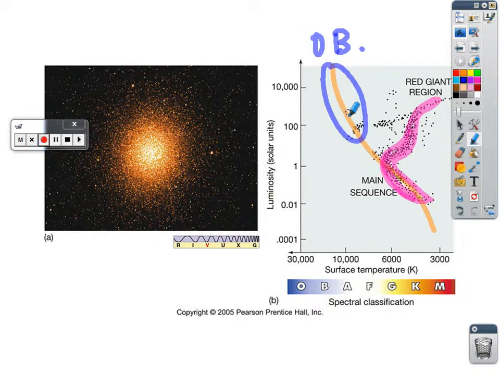What is still left are lots of F, G, K and M stars. And remember, this part of the spectrum gives a reddish tint. So this is orange stars here and red stars here. So we get a yellow to red colouring of all the stars.